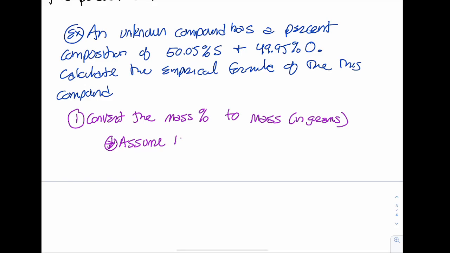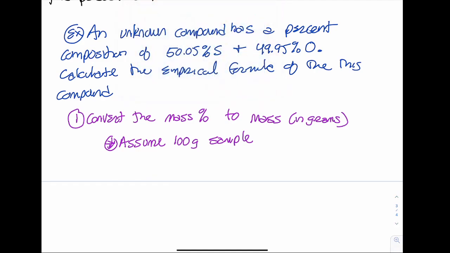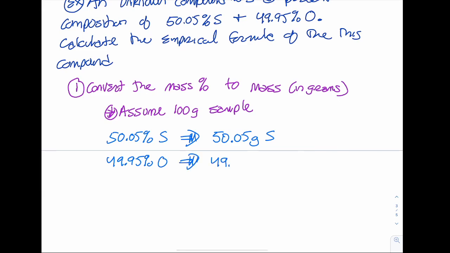But if we assume a 100 gram sample, then we simply replace the percent sign with a G and you're good. So 50.05% sulfur would become 50.05 grams of sulfur, and 49.95% oxygen would become 49.95 grams of oxygen.